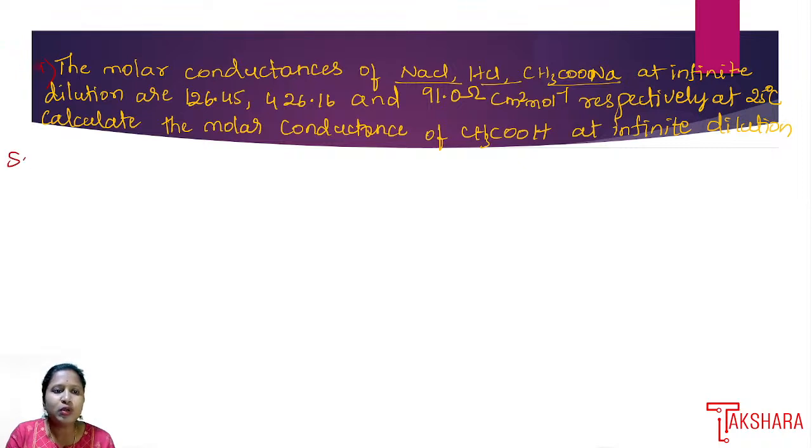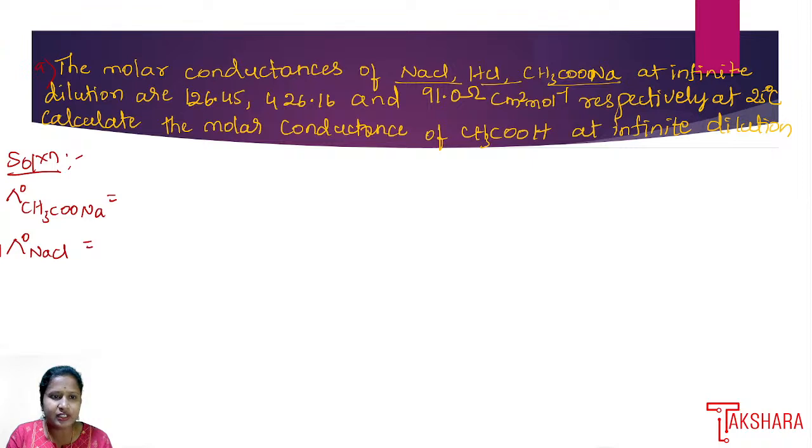Lambda naught, the molar conductivity of sodium acetate CH3COONa at infinite dilution, lambda naught of NaCl, and lambda naught of HCl are given. For NaCl it is 126.45 ohm centimeter square per mole.